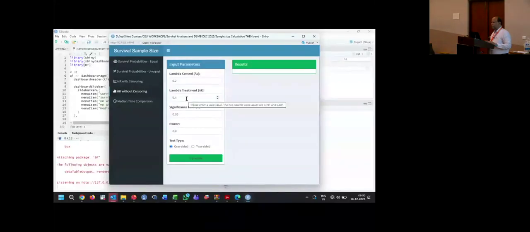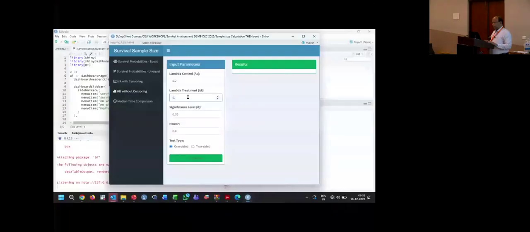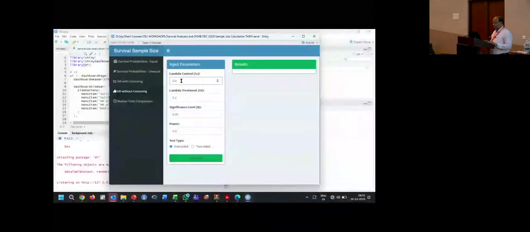This is 50% less as compared to the other one. This is lambda, that is the hazard rate in the treatment group, which has to be smaller. The hazard should be smaller here, and here it should be much higher. So you can see. And the significance level.